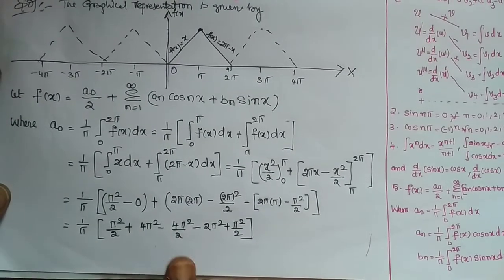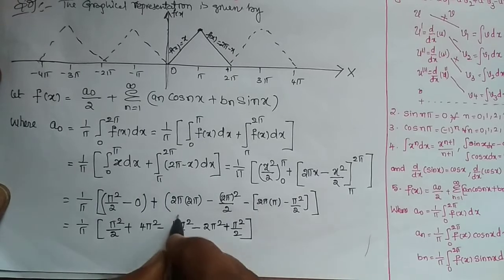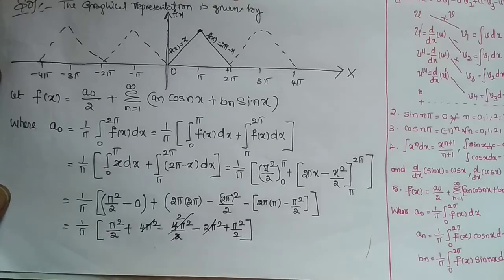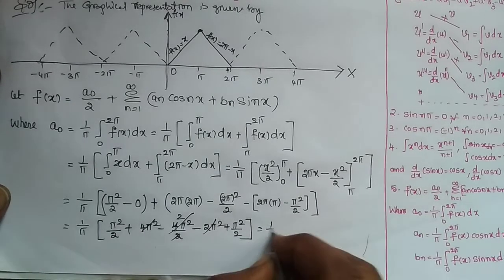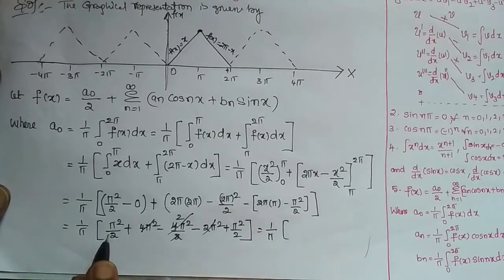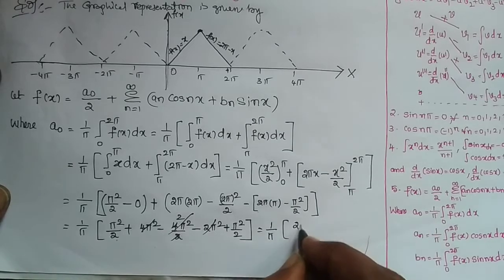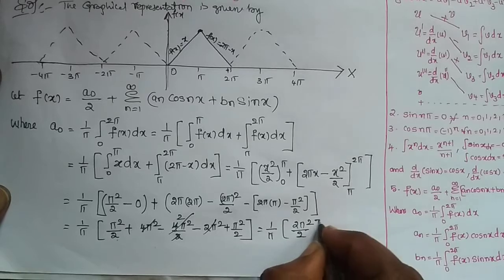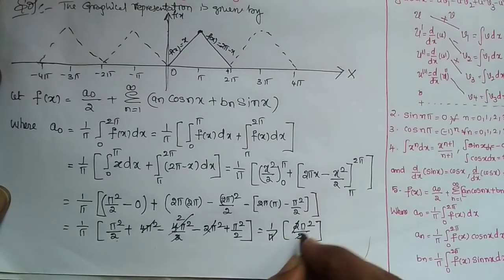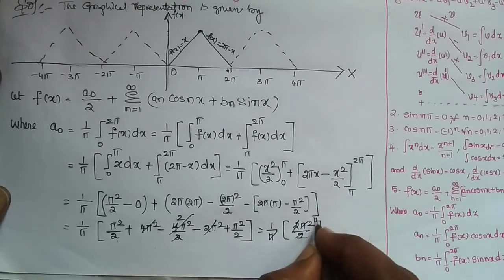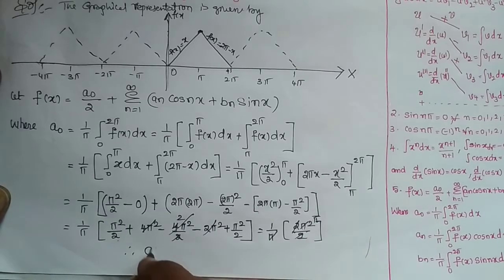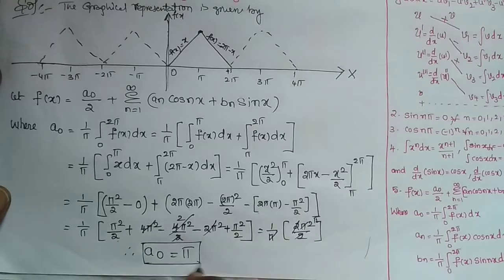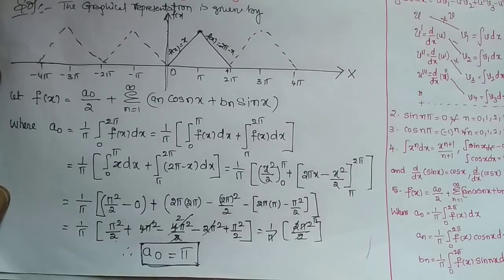So 4 pi square minus 2 pi square minus 2 pi square cancel. Only remaining is 1 by pi into pi square by 2 plus pi square by 2, that is 2 pi square by 2. Then the 2 cancels, pi cancels, only pi one time. Therefore a naught is equal to pi. Now we are going to find an.